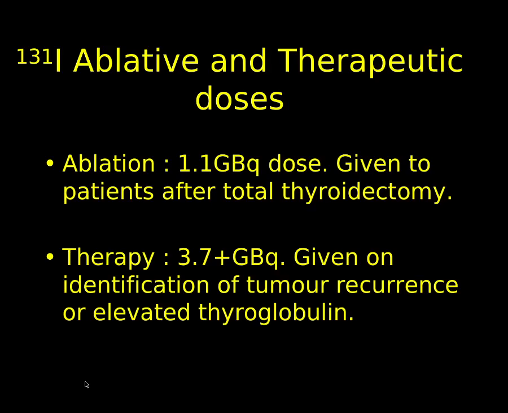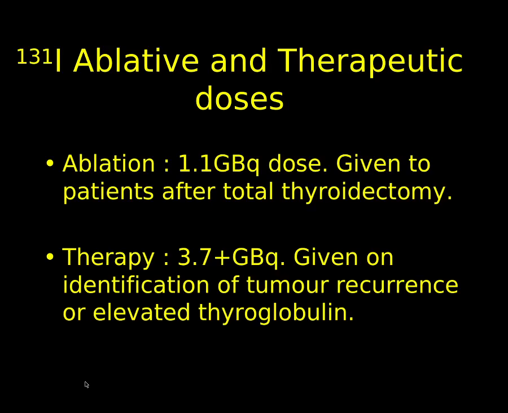So if the patient was left with a tiny amount of thyroid tissue after their surgery, they might still produce some thyroglobulin normally, and that would make our tumour marker measurements a little less sensitive. So by giving this radioactive iodine ablative dose, we eliminate any last bits of normal thyroid tissue, and then we can use thyroglobulin as a very sensitive tumour marker, which is immensely valuable.